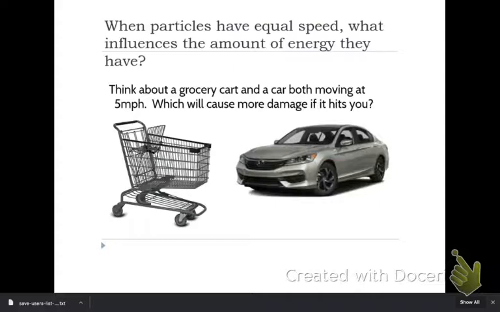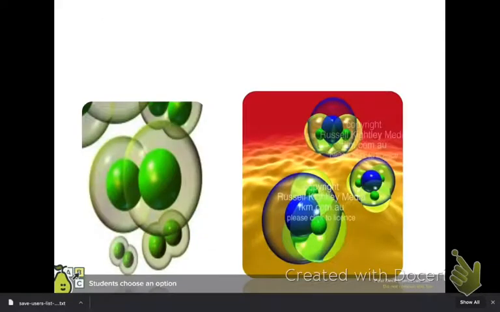Or to make the car have the same energy as the grocery cart, we'd have to slow it down. So as a gas particle, the bigger you are, the slower you are. The bigger you are, the more energy you have, so you have to have the same amount of energy as a small guy. The big guys travel slowly, and the small guys travel quickly.